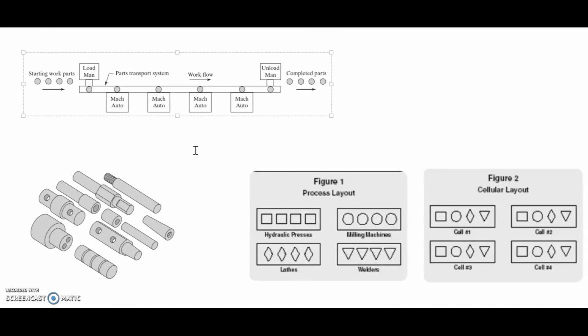So cellular manufacturing follows a manufacturing philosophy which we call group technology, where parts are grouped into similar processes. For example, in this figure, we have different parts or products, but they undergo similar manufacturing processes.